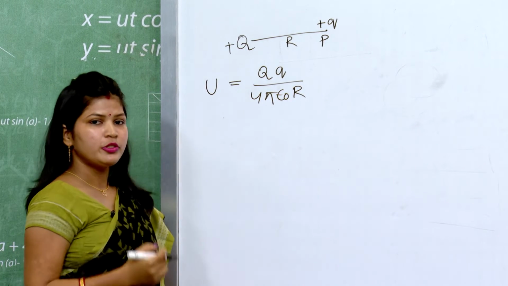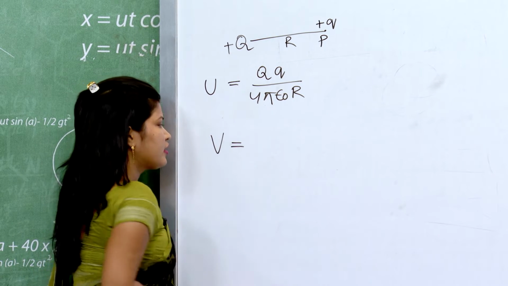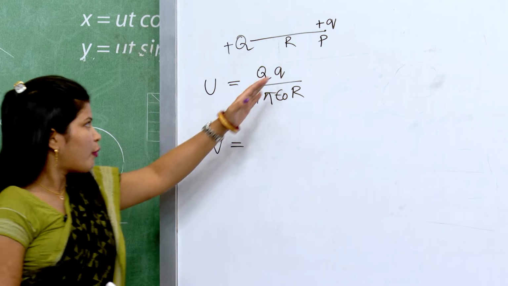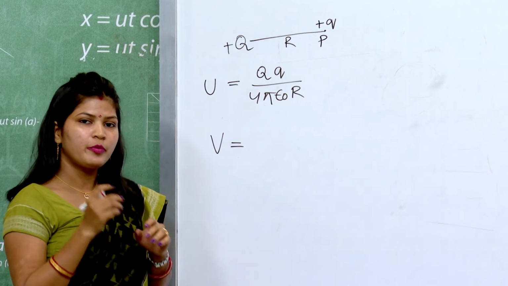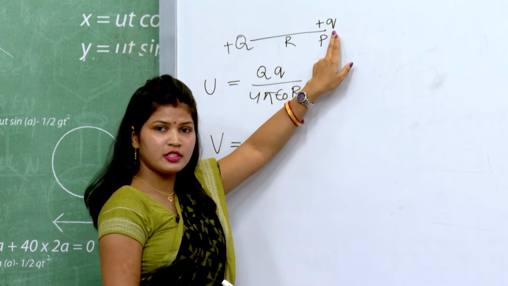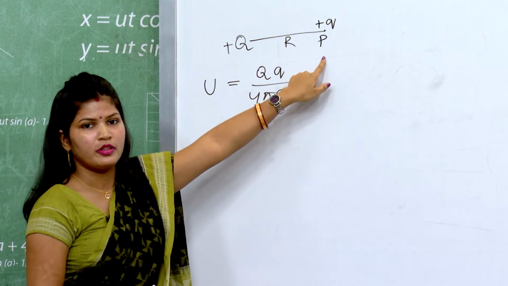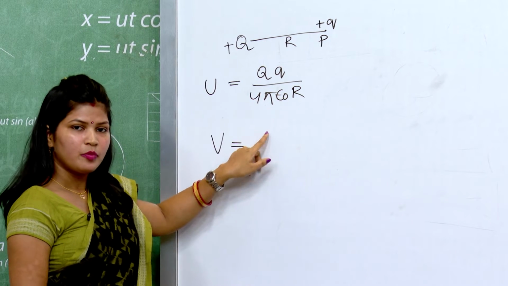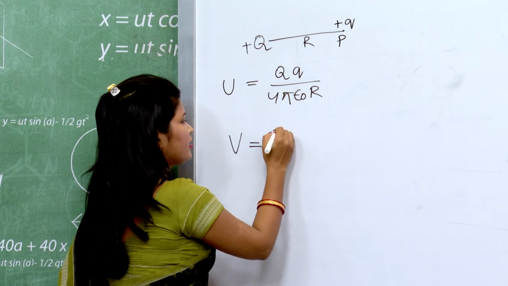Now, I want to introduce electric potential. This potential is the work I have to do in bringing the test charge q from infinity to this point P. So, that means work done per unit test charge is called our potential.